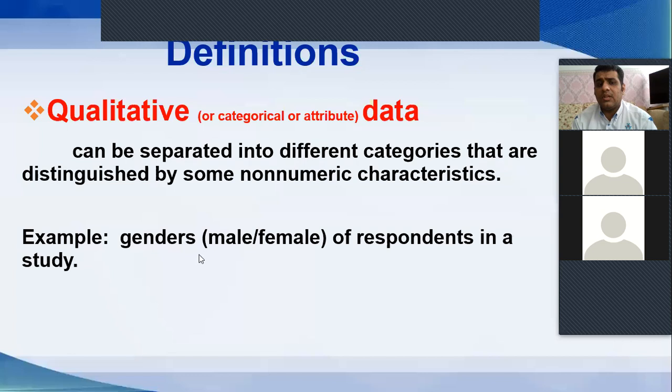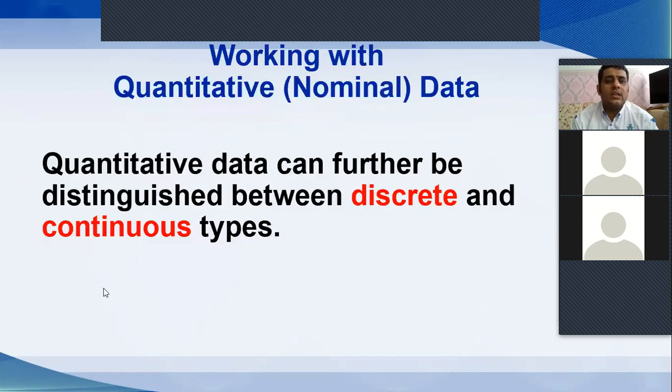Similarly, if we talk about the race of the study participants, then in Malaysia it can be the Malay community, the Chinese community, the Indian community, or others. Another example is blood glucose level, control, not control. Blood pressure of the patient, control, not control. So this is called qualitative data. Quality is there, categorization is there.